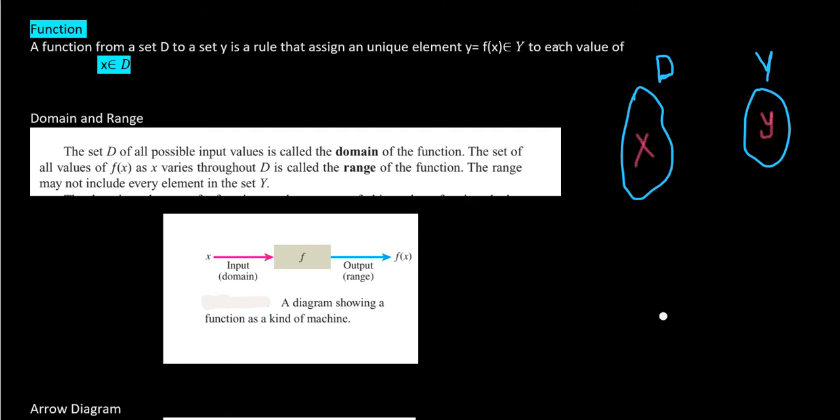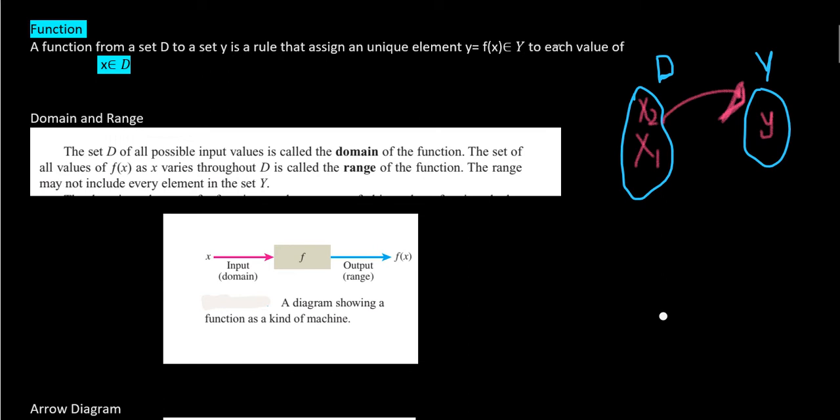So when we put every value of x1, x2 that belongs to set D in the function, we will get a unique element from putting these values of D. I repeat again: when we put each value of x that belongs to D, we will get a unique element y that belongs to set Y.